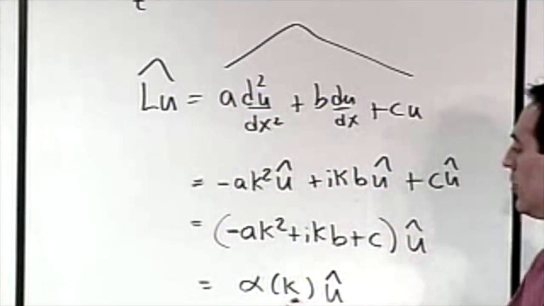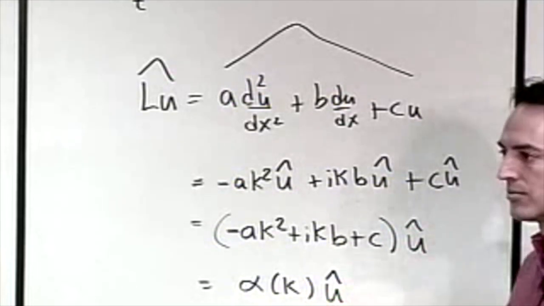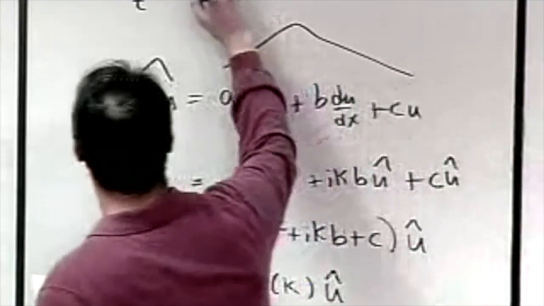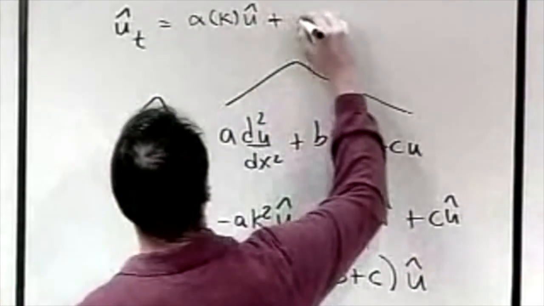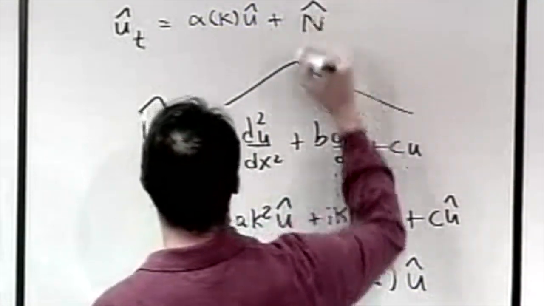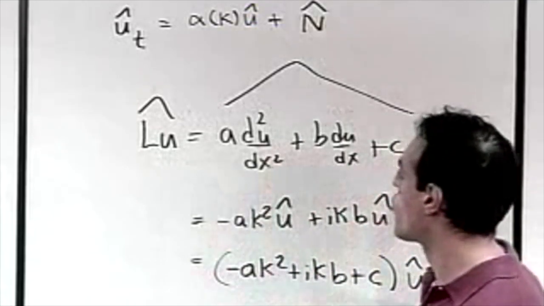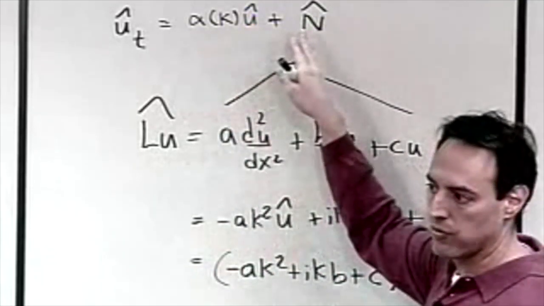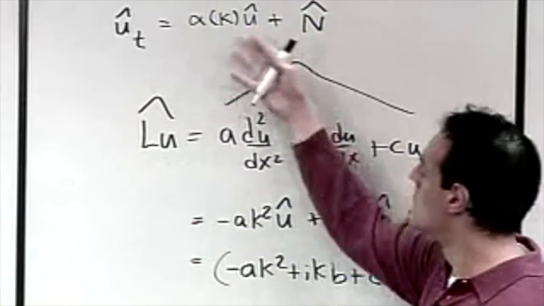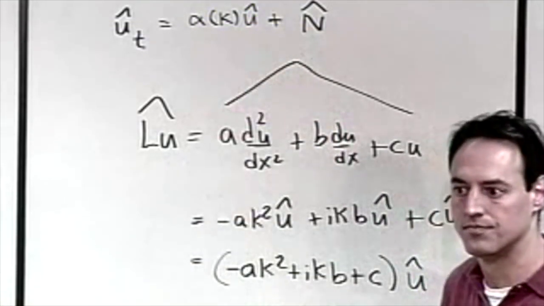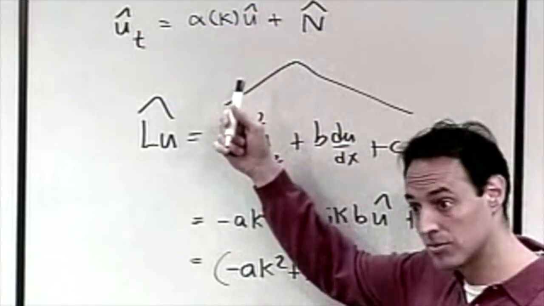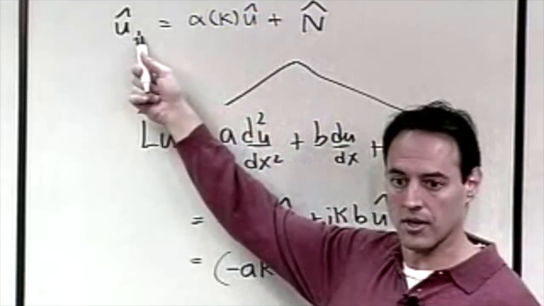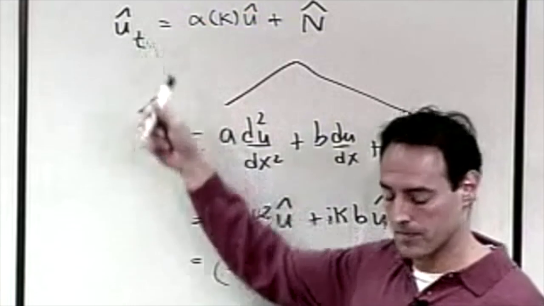So basically L u just turns out to be some function of k times u hat. Plus, well, the nonlinear term, you just have to run it through your transform. But now that you've transformed it, you can throw it through ODE45. It's now a big system of ODEs for all the Fourier modes that evolve in time.